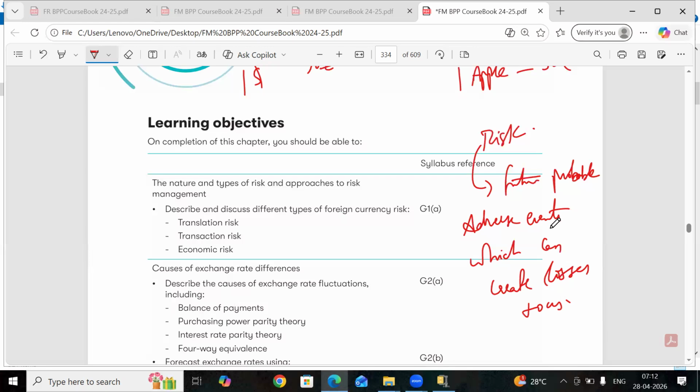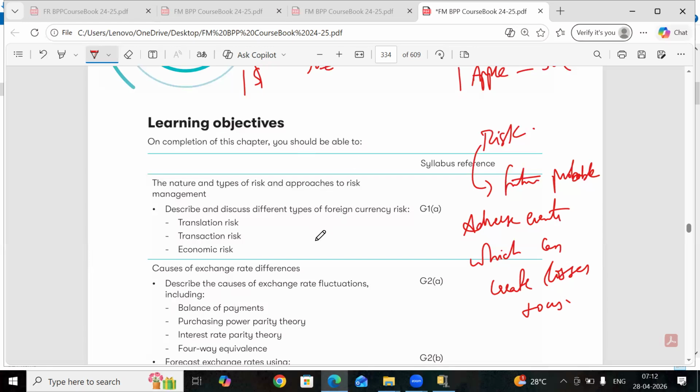So in future, certain events which are not favorable, that means adverse, can create losses to us. If some adverse events happen, which are probable, meaning there are likely chances that they will happen, and they can create losses to us, then they are nothing but risk.